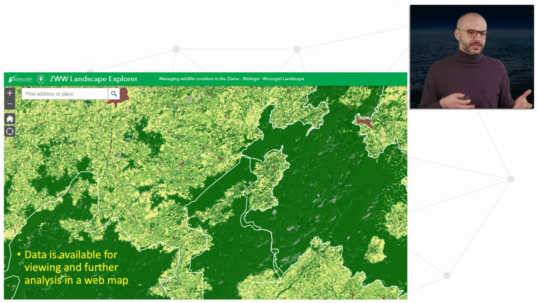Finally, very similar to what I showed in the previous example, data is shown in a web map, called the ZWW Landscape Explorer, where this specific information can be captured and is visible to everybody who has access to this portal.